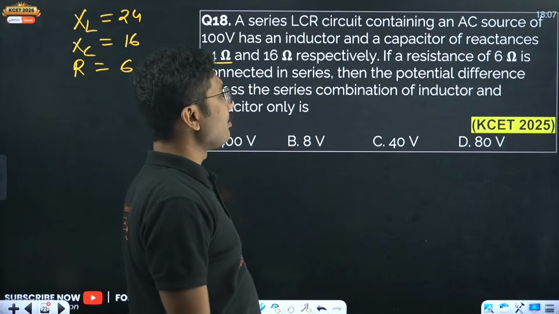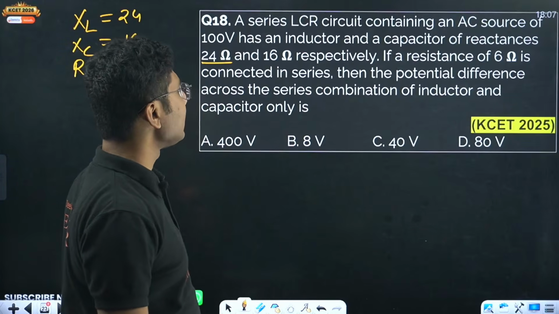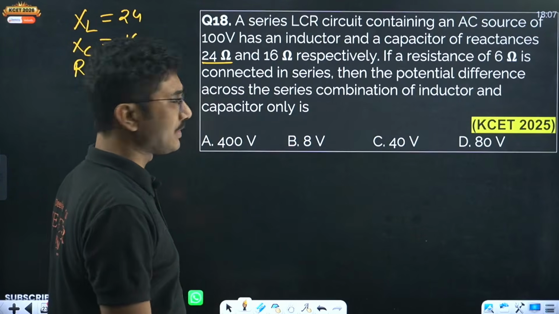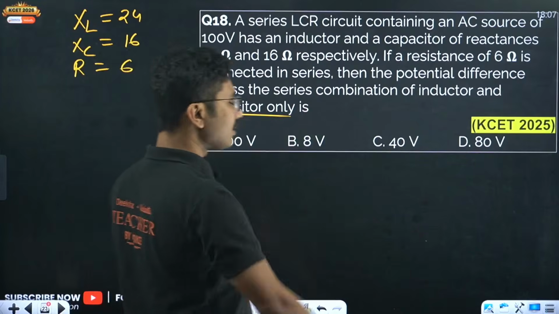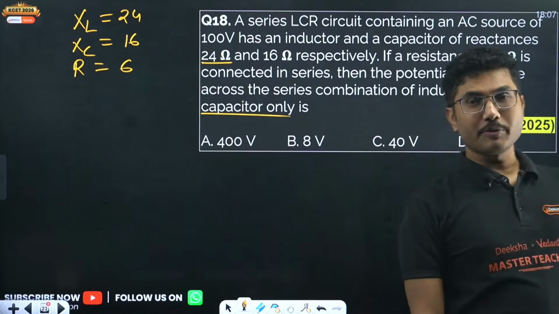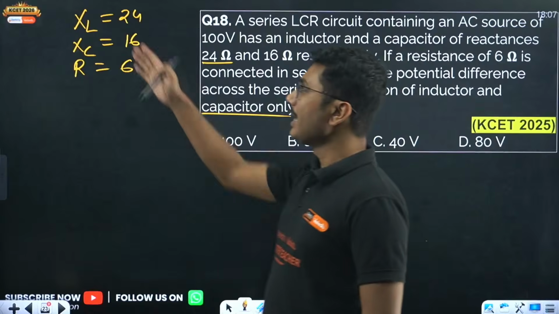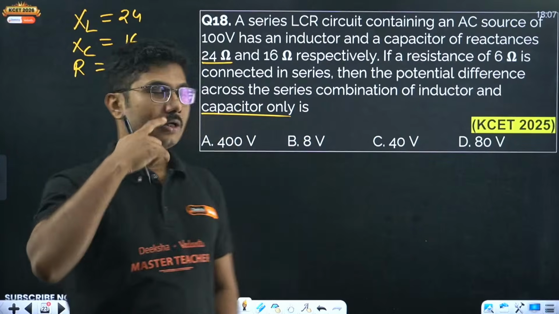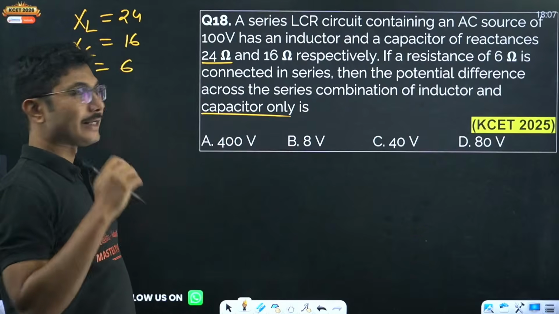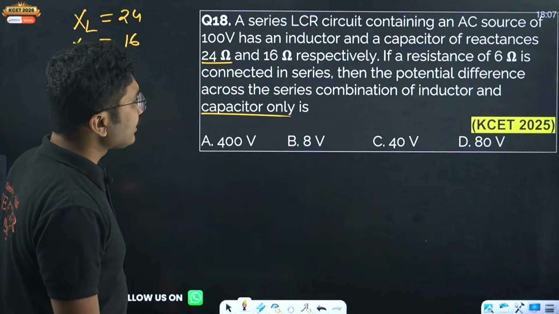Connected in series, then find the potential difference across the series combination of inductor and capacitor only. So they do not ask you the total voltage drop, they ask you the voltage drop across XL and XC only. How to calculate that?